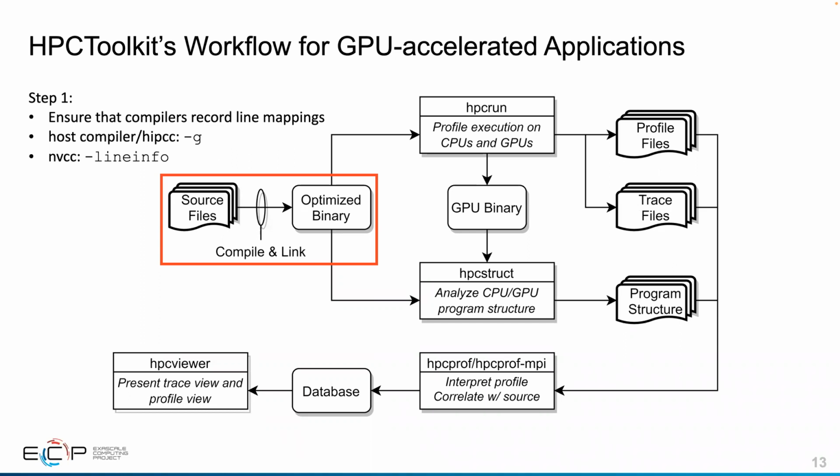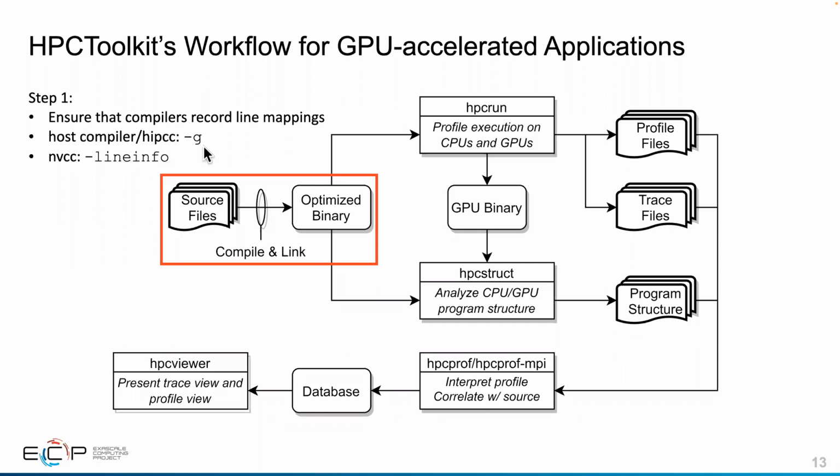They record line map information during compilation. They record other information about inlining and whatnot. And so you'll add a -G flag, and this can be added in addition to your optimization flags, and it should have little impact in terms of performance.